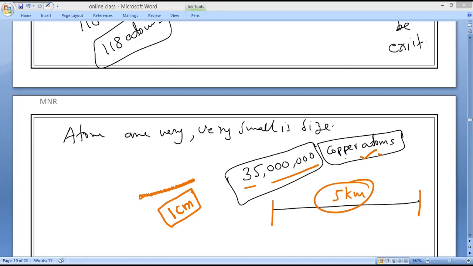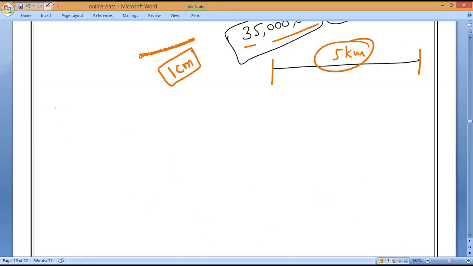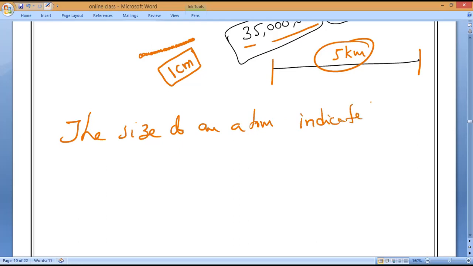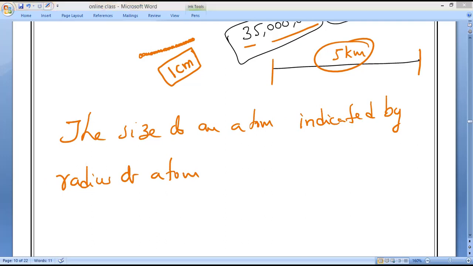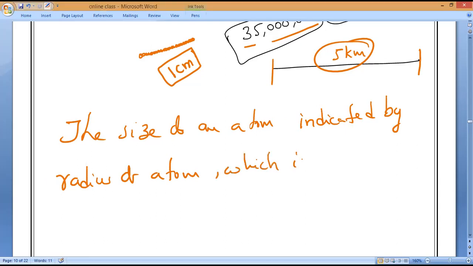Please write. The size of an atom is indicated by the radius of the atom, which is known as, what do we call it, guys?